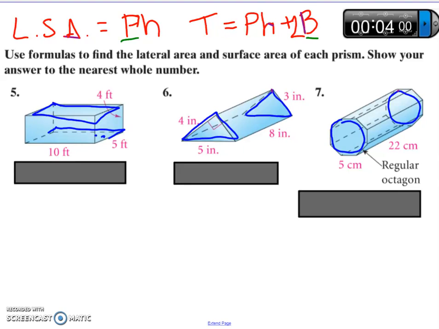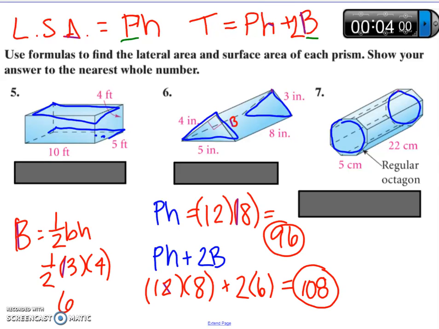All right, the next one, number 6. Go ahead and try it on your own and then check back to see that you did it. So I got 96 and 108.